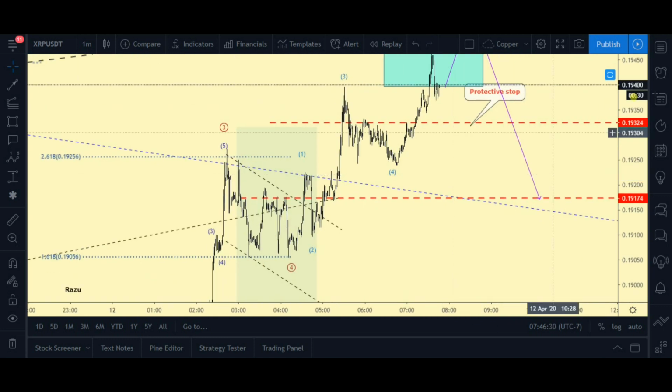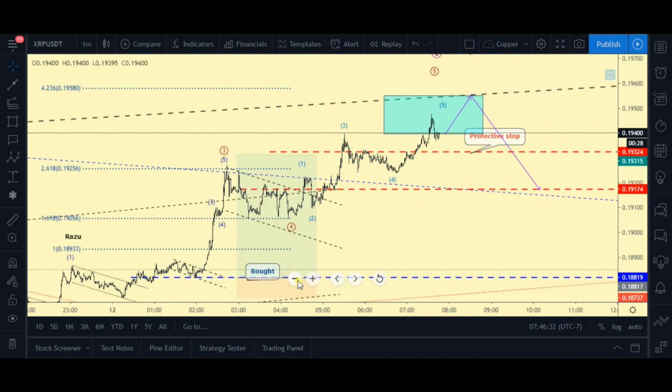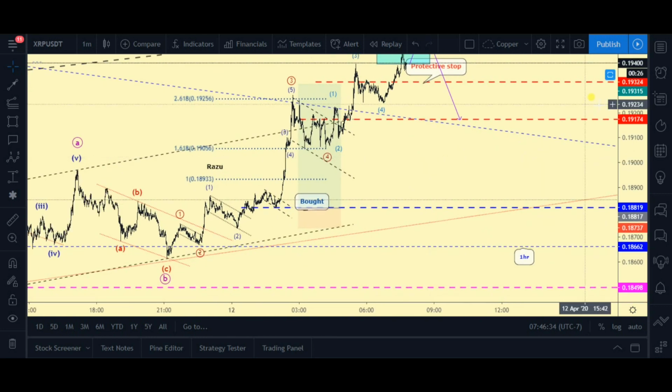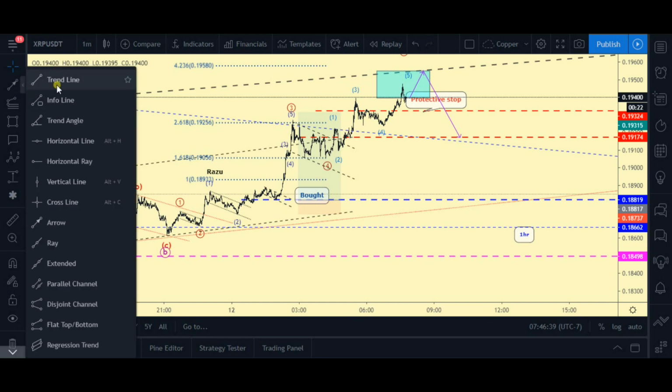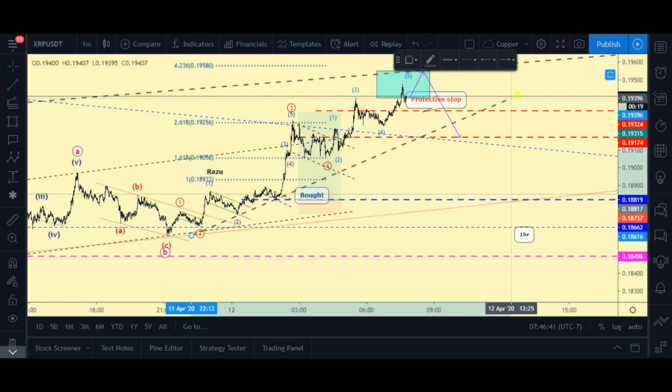So while trading, these patterns are universal and applicable to any time frame. You can trade in any time frame.